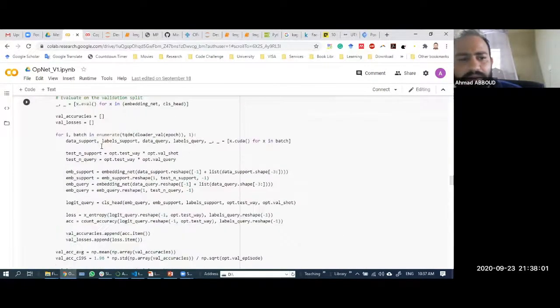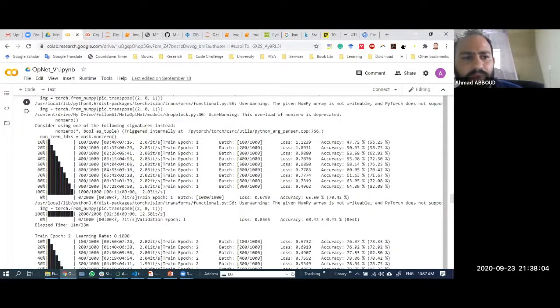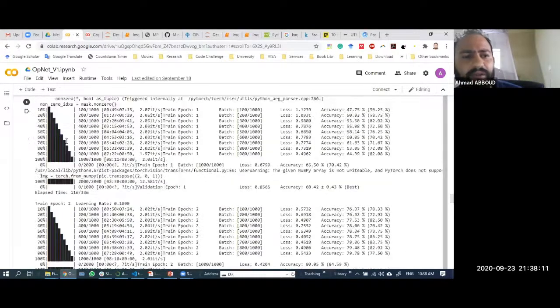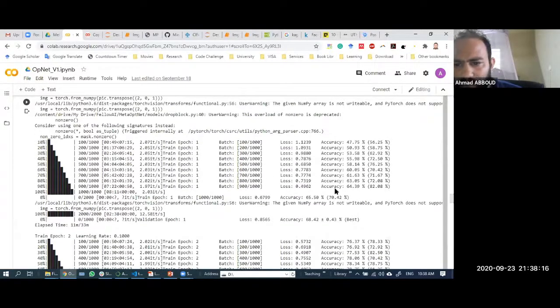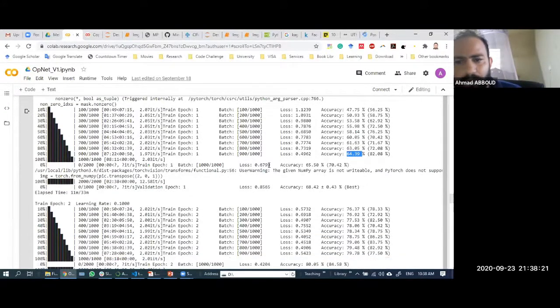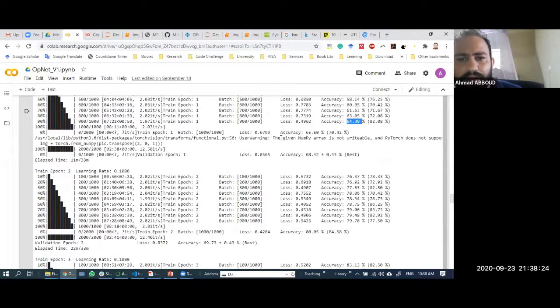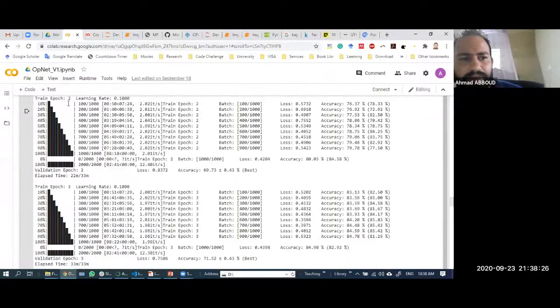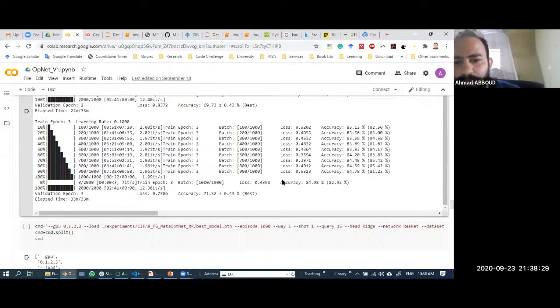With just 3 training epochs, the first epoch gives an accuracy of 64, and by the third epoch we get an accuracy of 84. It is a very promising result, with just 3 epochs.